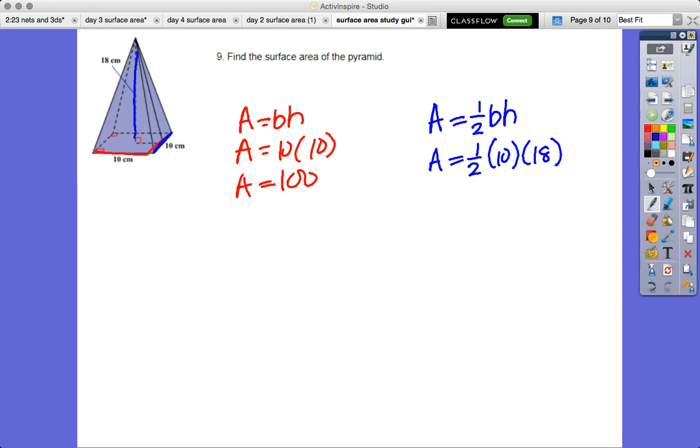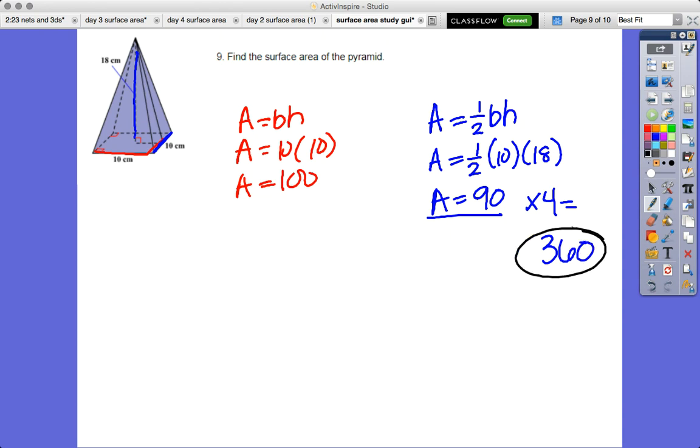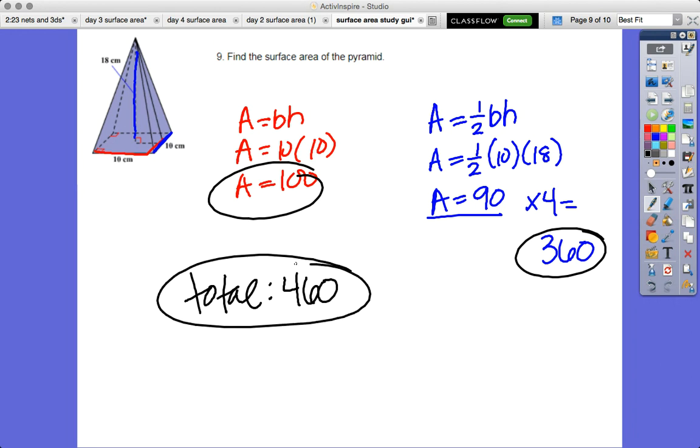Half of 180 gives me 90. And I have 4 of those triangular faces that equal 90, so I get a total of 360. So to get your total, 360 plus 100 gives you 460.